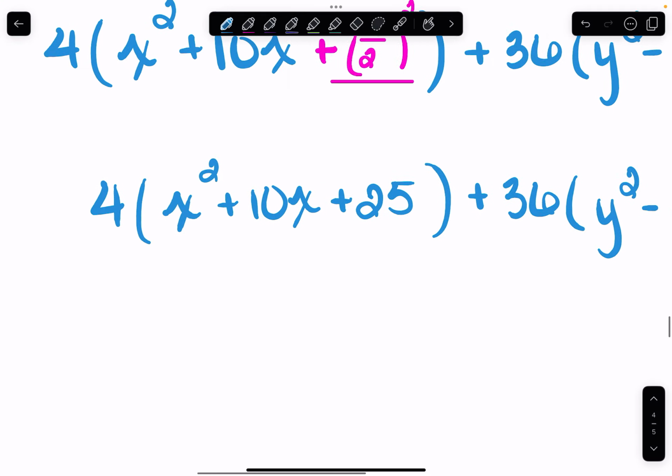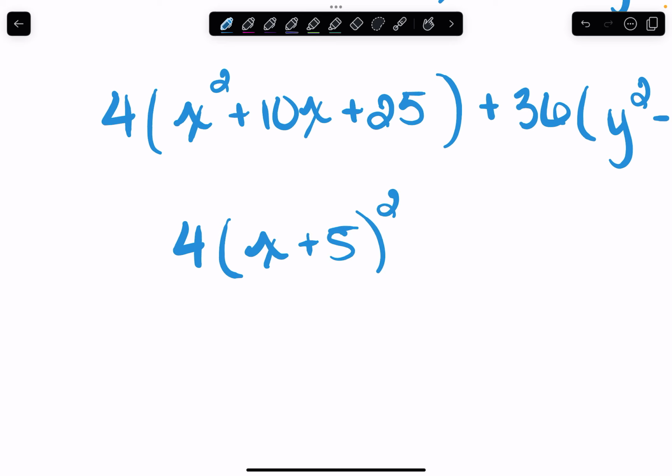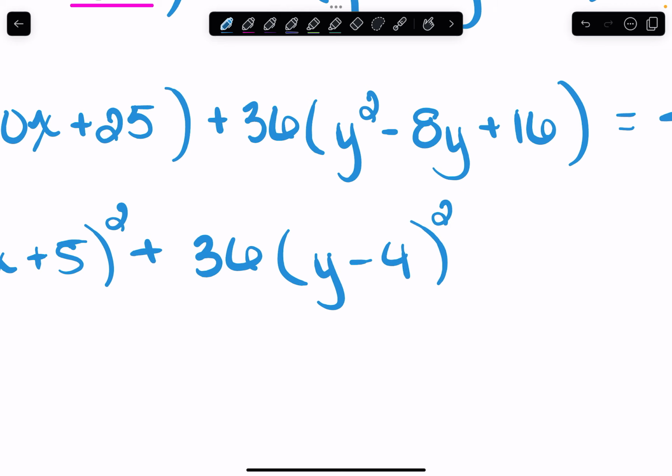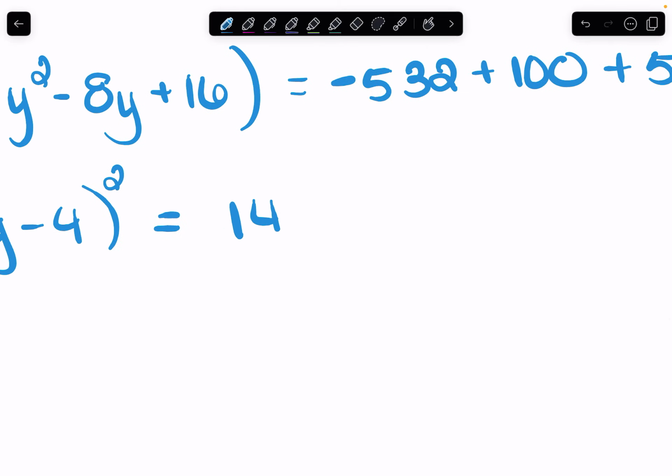So then we come back over here and get the x factored into its binomial squared, which is going to be x plus 5 quantity squared. Same thing for the y: 36 times y minus 4 quantity squared equals, and then we do the algebra over here. We've got our negative 532, we're adding 100 to it, and we're adding 576, which gives us 144.